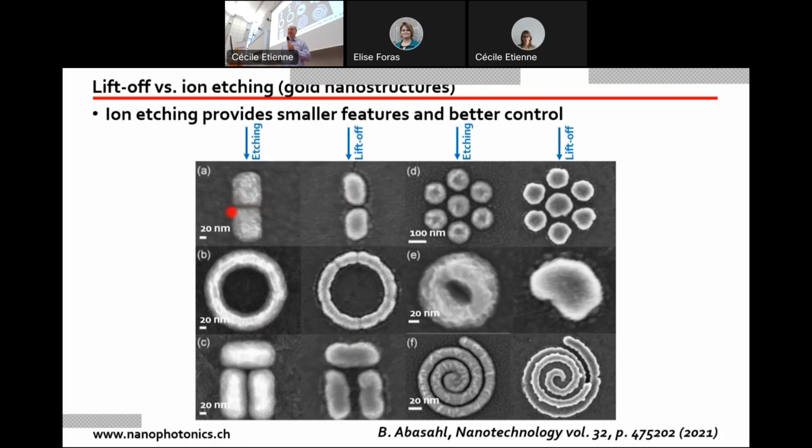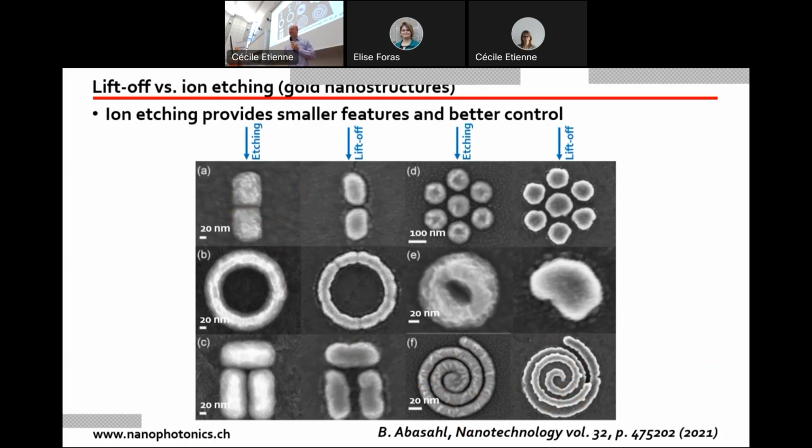You can do that with etching. It's very hard to do with lift-off. With etching, you can make structures like this spiral. It's impossible to do that with lift-off because the metal is not going to go away when you do the lift-off. So I think etching is, to a large extent, superior for making very, very small features, say down to about 10 nanometers.